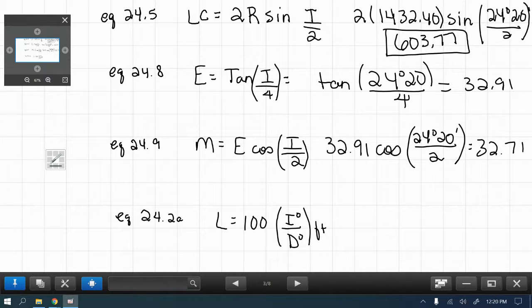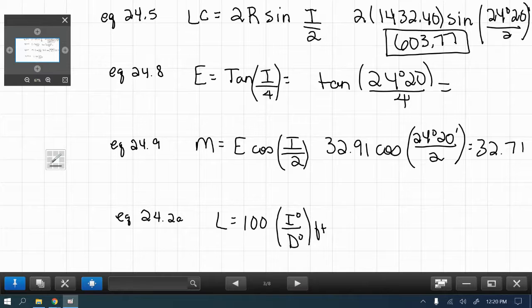I didn't get that. I did something wrong. Make sure I got the formula written right. E is tangent I divided by 2.